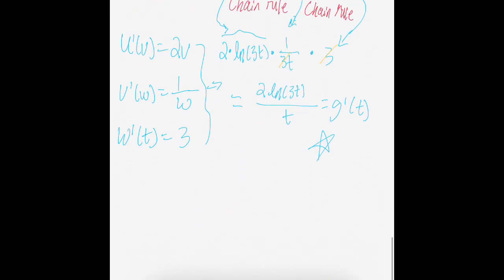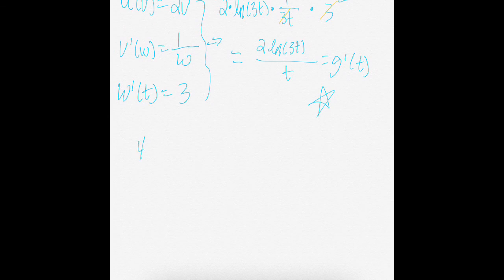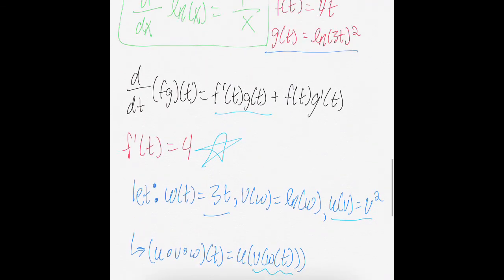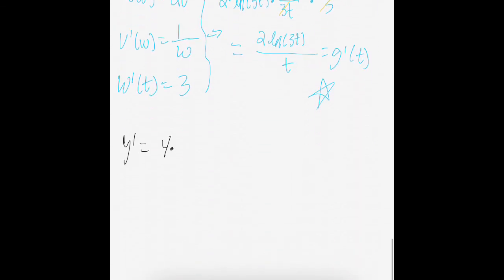And now we can plug in. It says multiply f prime of t by g of t. That's how we get started. So that's going to be 4. Let me go to a different color now. So this is y prime equals 4 times, and then we need g of t. g of t was ln of 3t squared.